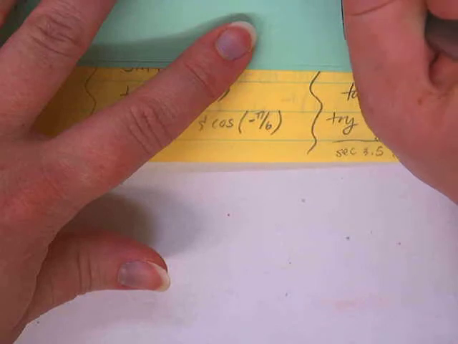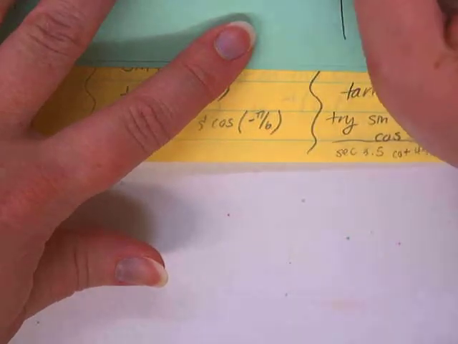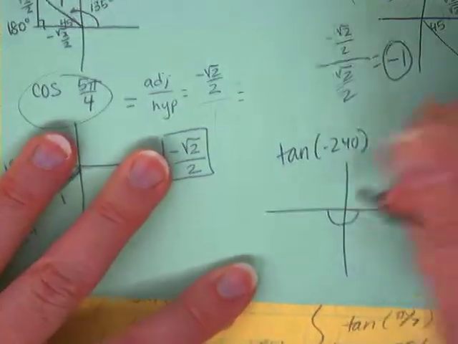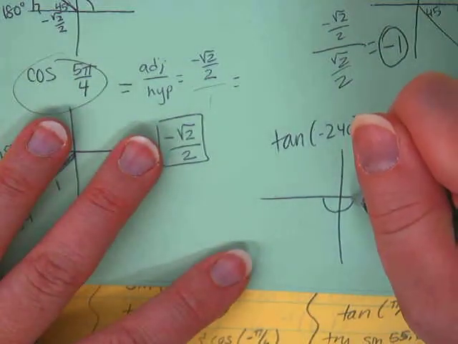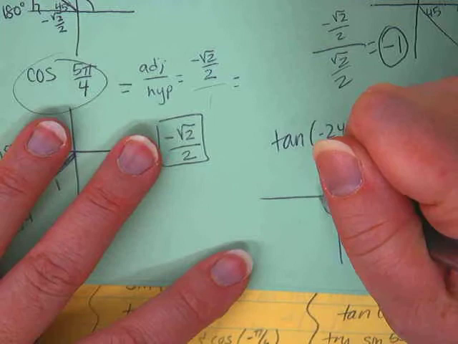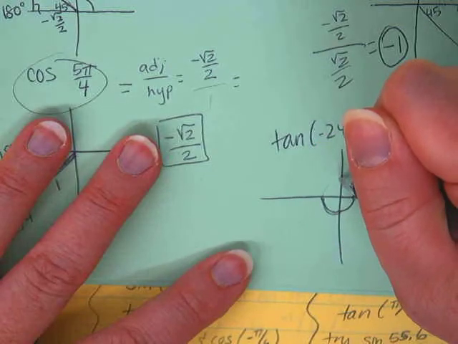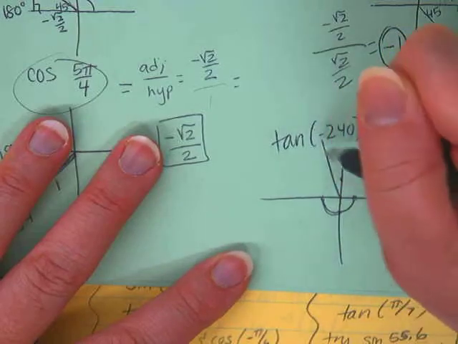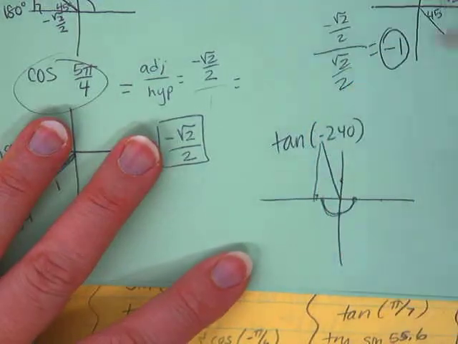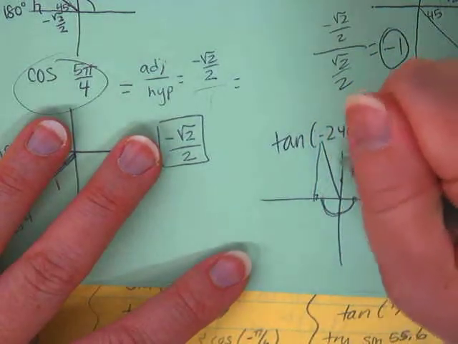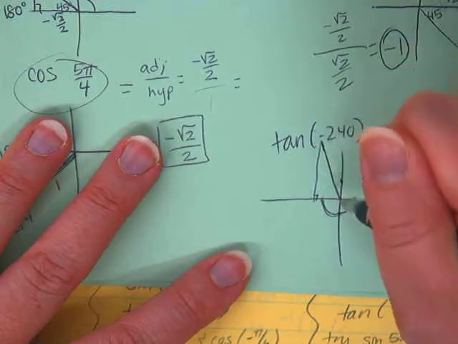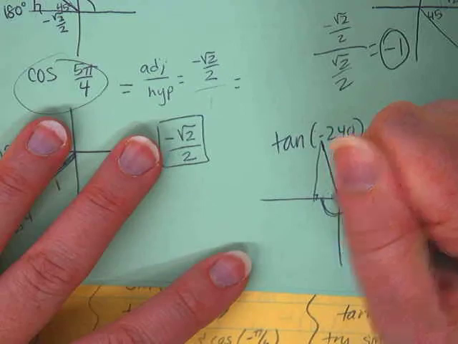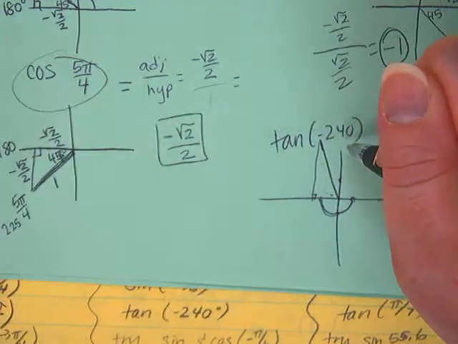The tangent of negative 240 would start here. So here's negative 90, negative 180, and negative 270 would be here. Okay, sorry. So we start here, negative 90, negative 180, negative 270. So where's negative 240? Thank you. So here's negative 240 right there.